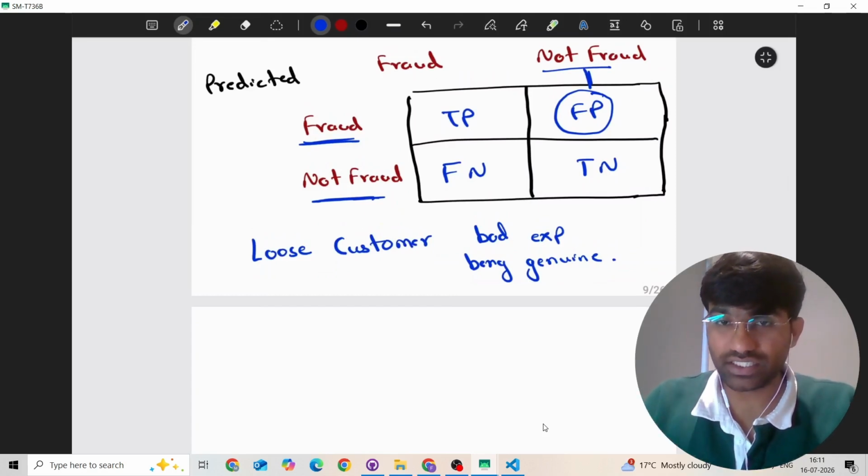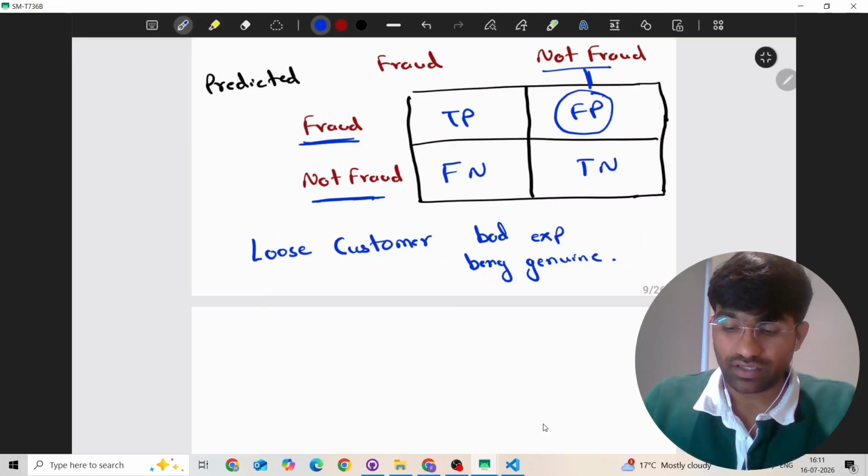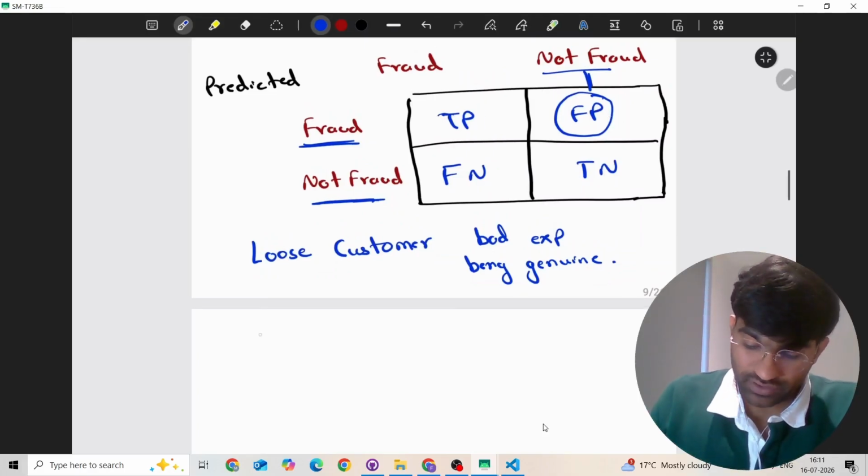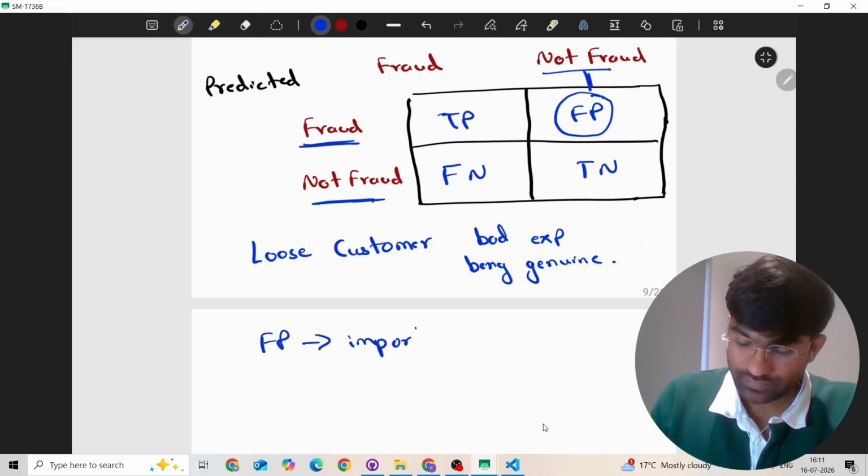But in the initial stage itself, if you decline the loan application because your model has classified him as a fraud, then you will lose the customer. In this scenario, false positive rate is important.